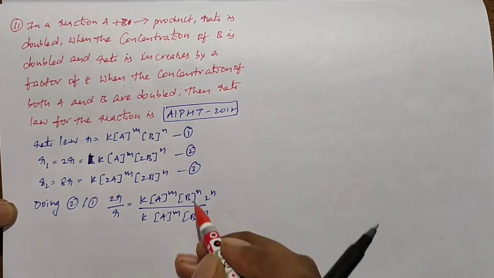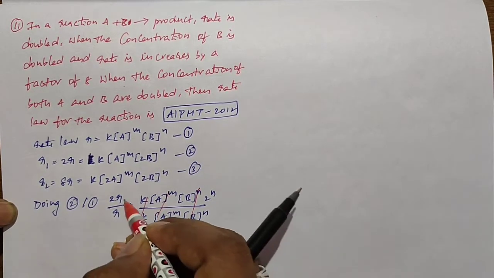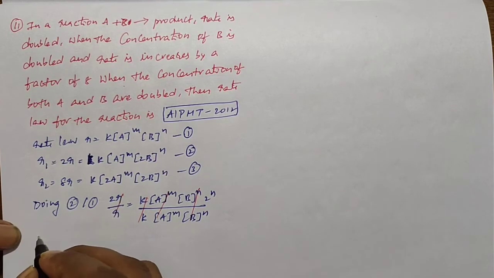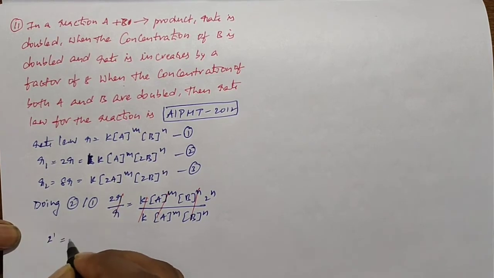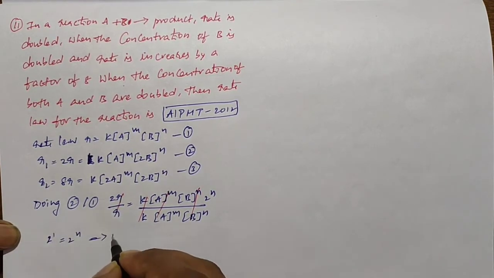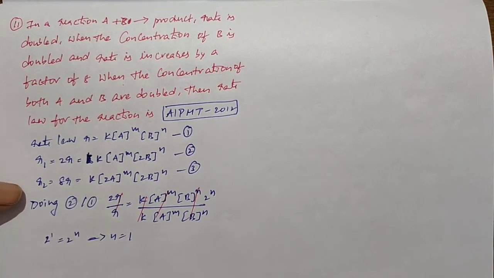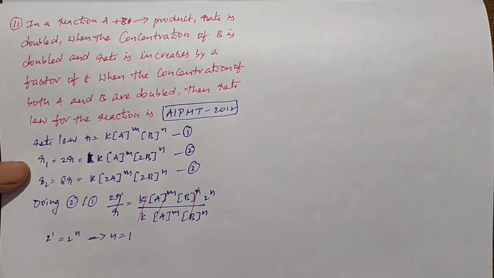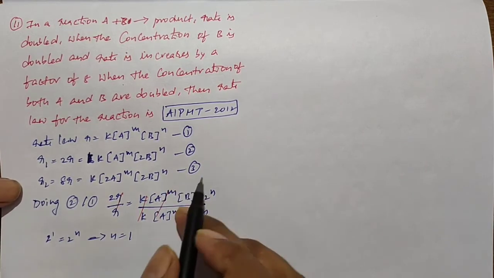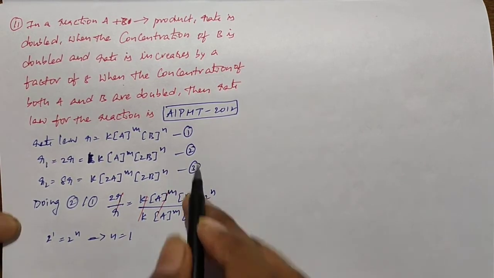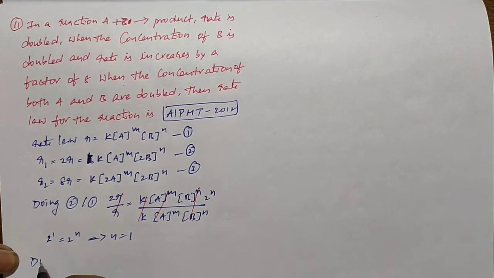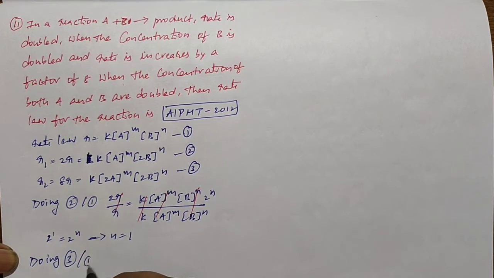After cancellation of the factors, we get 2 power 1 is equal to 2 power n. That implies n is equal to 1. Now we do 3 by 1, equation 3 divided by equation 1.